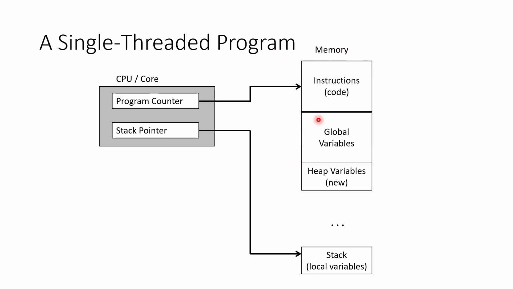The next chunk holds global variables, heap variables, and dynamically allocated memory that grows in this way. Your stack pointer is pointing to the stack located at the bottom of your memory block, right?